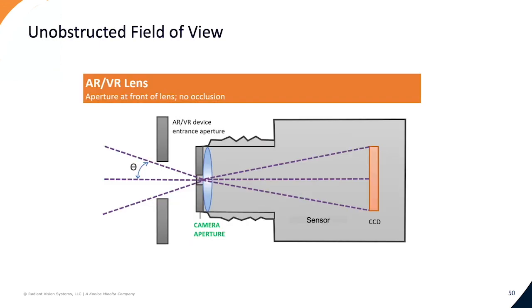However, lenses designed for measuring AR/VR devices need to use an optical design that positions the camera aperture at the front of the lens at the same location as a human viewer's eye. This lets the camera capture the full display field of view beyond the AR/VR device aperture without occlusion by the headset hardware.